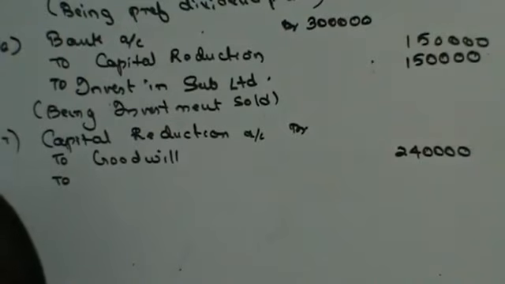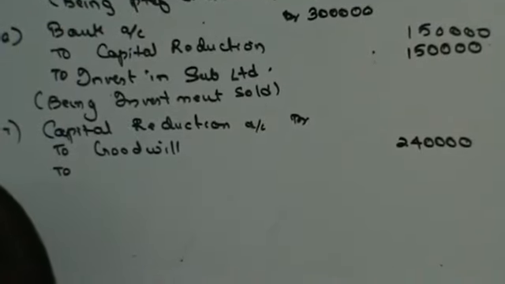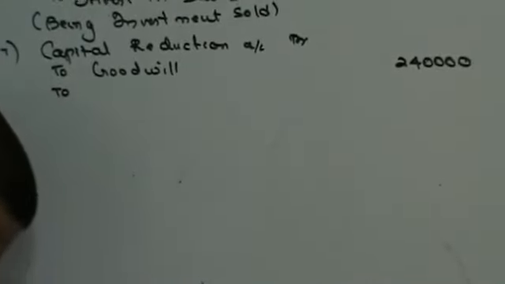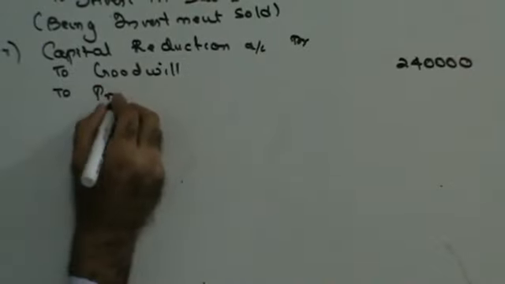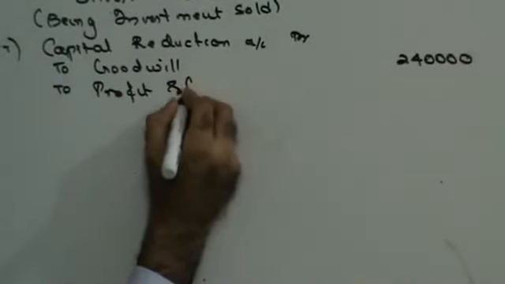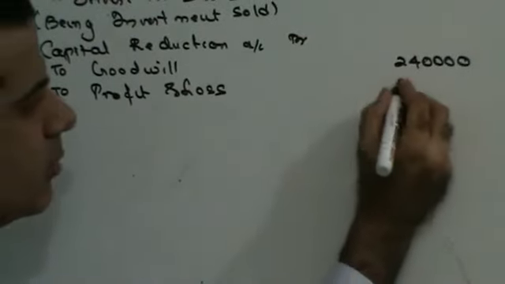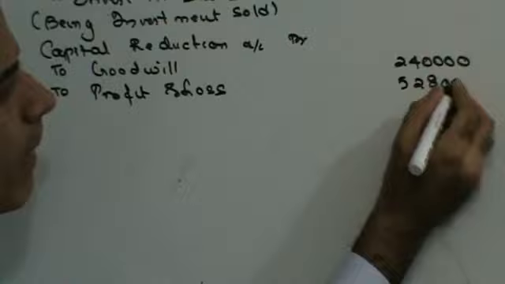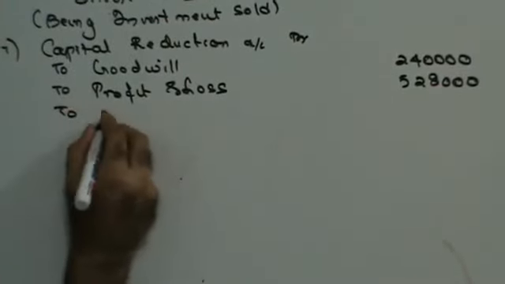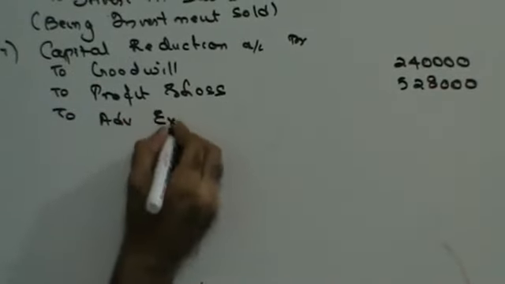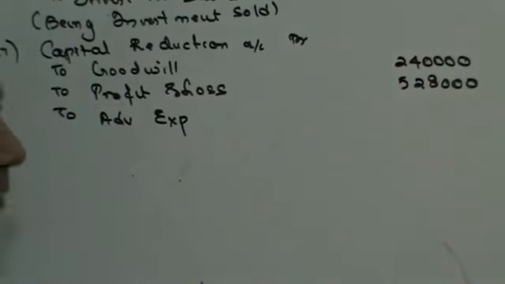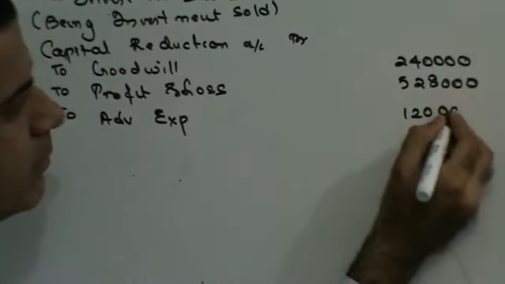To goodwill is done. Then intangible assets, profit and loss and advertising expenses. Profit and loss is given to you as 5,28,000. To advertisement expense. Advertisement expense is 1,20,000.